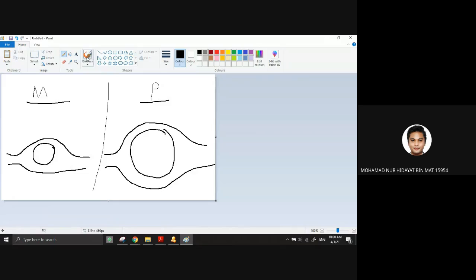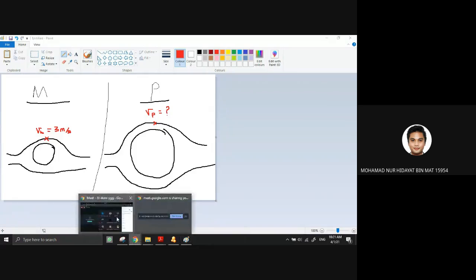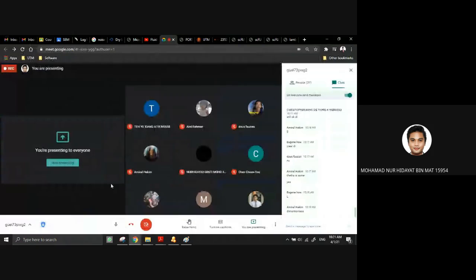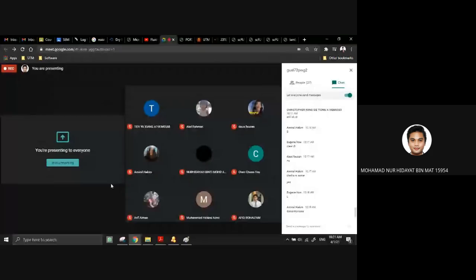For example, you measure the velocity here, and then you measure the velocity here. Say you measure it and suddenly it becomes 3 meters per second. What do you think of the prototype velocity? Please comment. I want to see your logical thinking. Anyone?